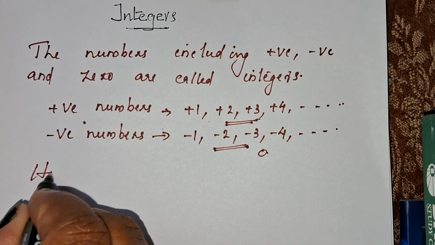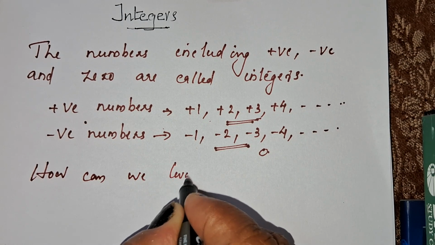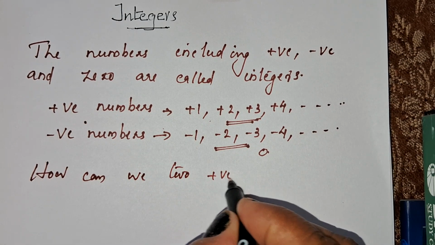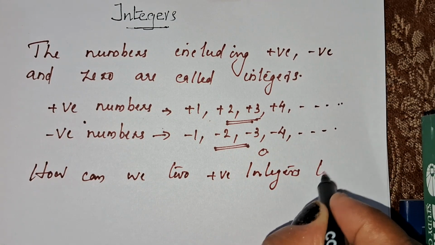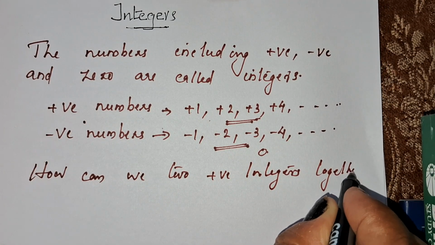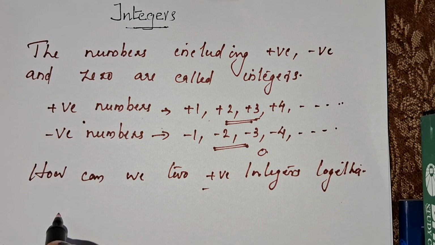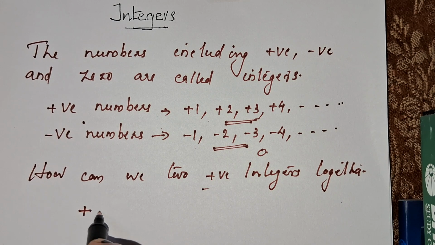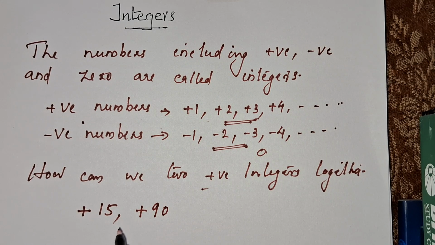How can we add two integers, two positive integers together? For example, +15 and +90. How can we add this?